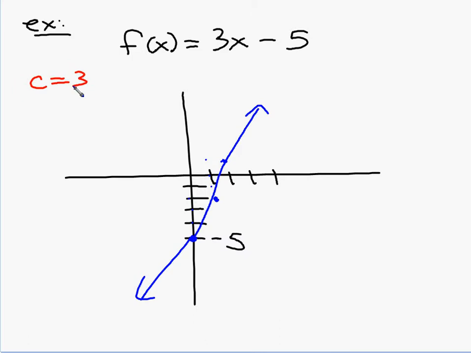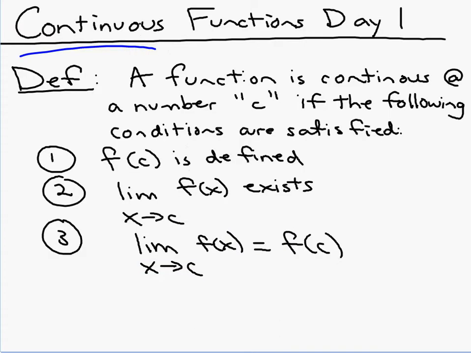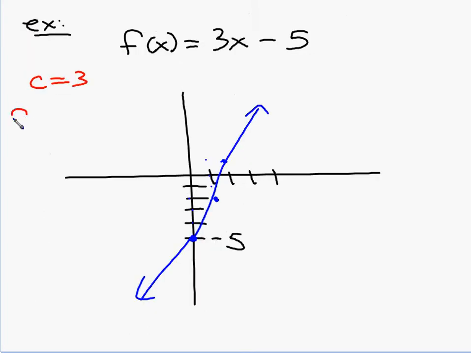So the question is, does this function meet all three requirements? Let's go back to our original list. Number one, is f of C defined? Is f of 3 defined? It is, isn't it? 3 times 3 minus 5, 9 minus 5, it's 4. So if I were to come over here to 3, it would be 4. There's the point, 3, 4.